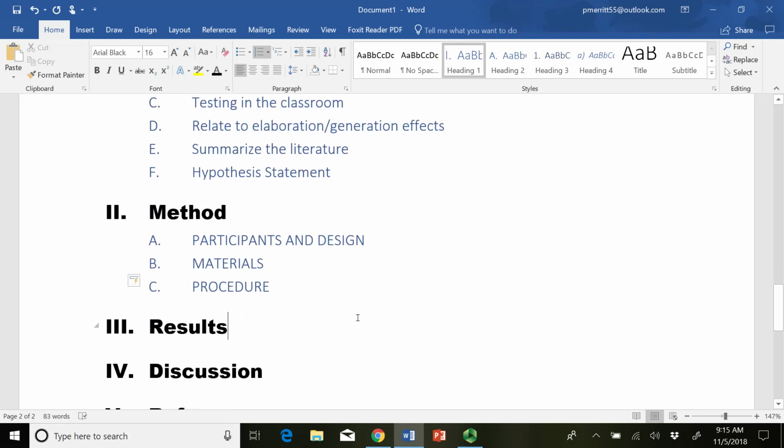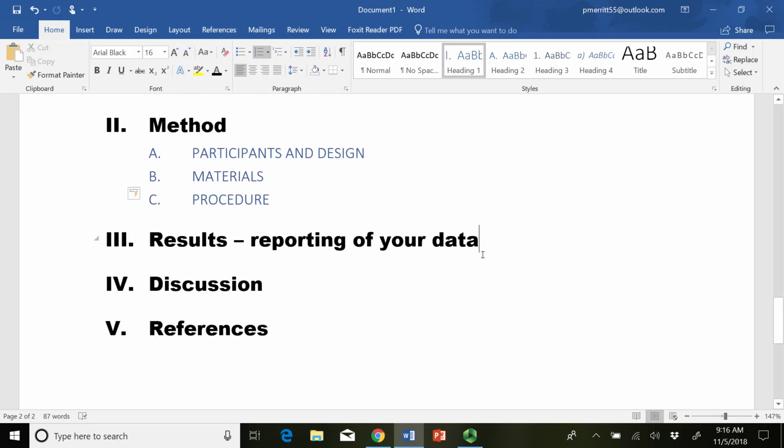Results, oftentimes, this again will always depend on your study, but your results section may not be more than a paragraph. The biggest thing to remember with results is this is really reporting of your data. You're not interpreting it. You're just describing your data. Of course, you might have a figure here, so maybe you'll report on ANOVA and some means, etc.